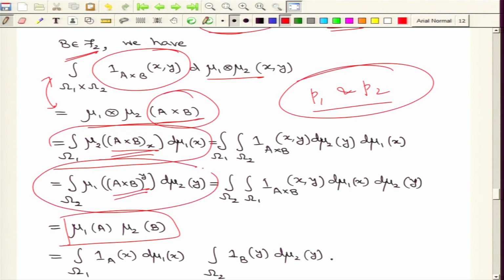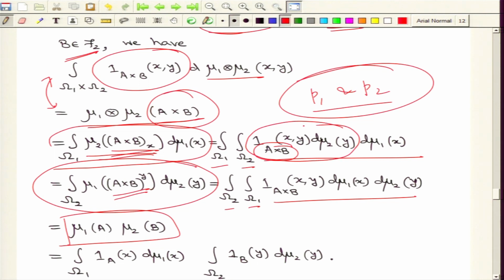But now, inside these integrands, these are also measures of these sections, and therefore you can revisit all of this in terms of these iterated integrals. Let us take a few minutes to understand these structures. What we are saying is that let us look at the product type sets A cross B and integrate this indicator with respect to the first measure.